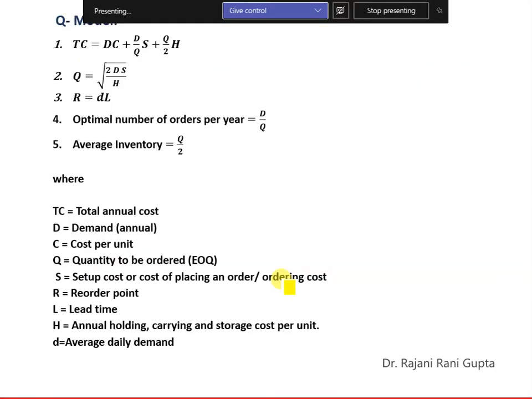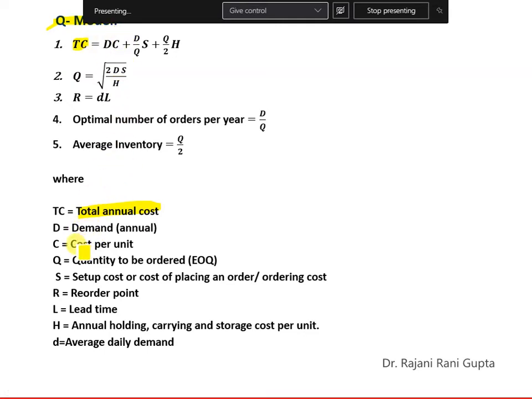Now, when we study the Q models, we are going to deal with these terms. TC stands for total annual cost. D stands for demand.